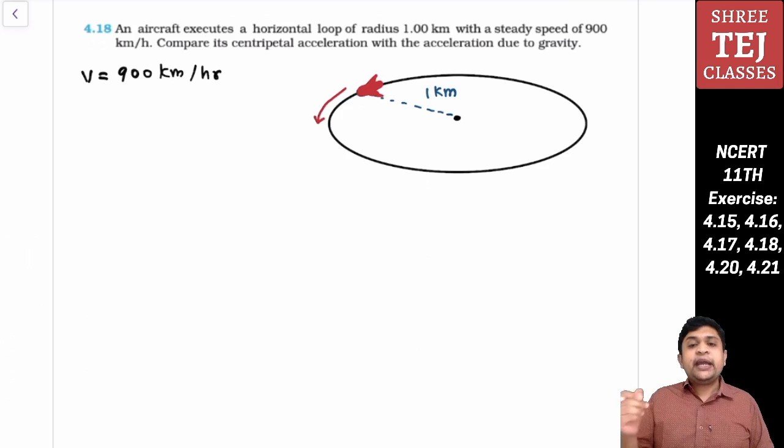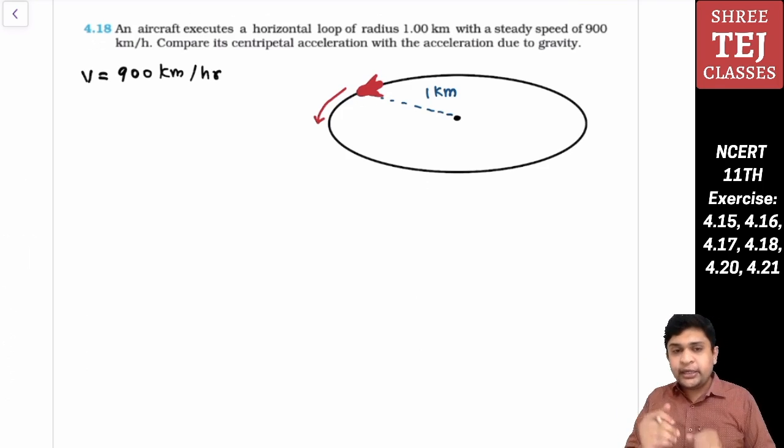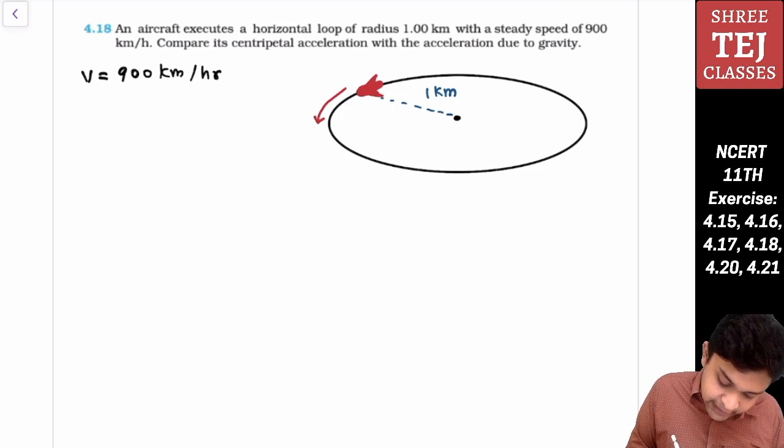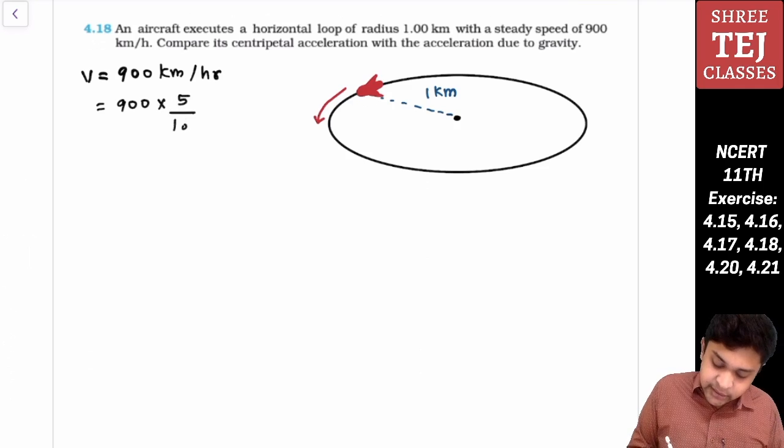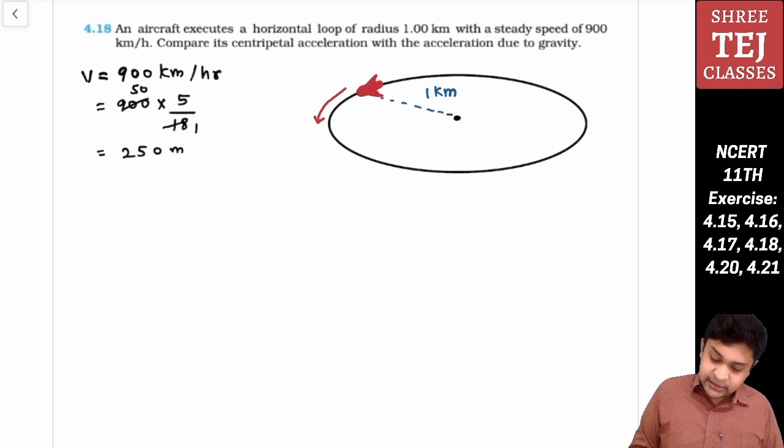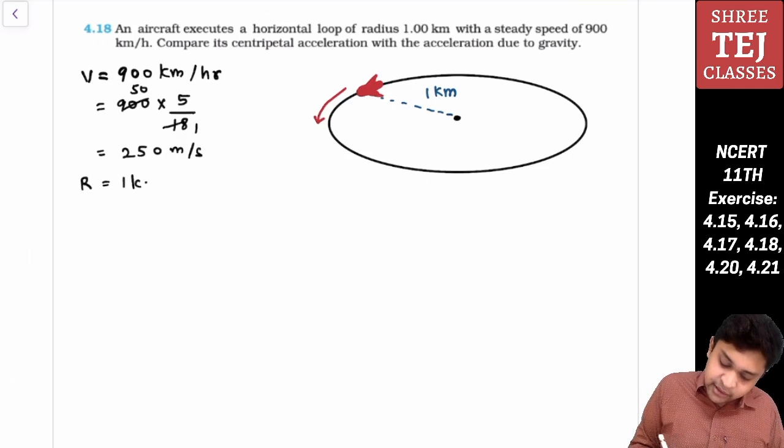Because we want to compare acceleration with acceleration due to gravity, let us convert the whole thing into meter per second. So this would be 900 into 5 divided by 18, so it is 250 meter per second, and radius r is 1 kilometer, which is 1000 meter.